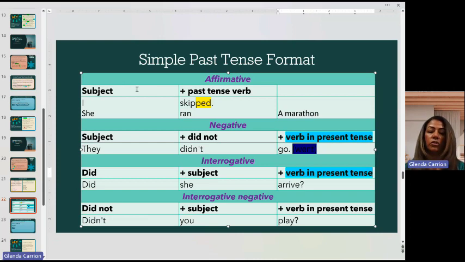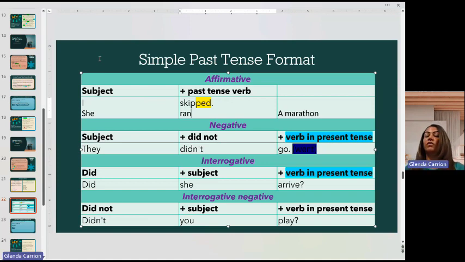What did the subject do, right? Did she arrive? Did she run? Did they go? Did I skip? All right, so instead of using the past tense, we're using the present tense in that verb, okay?